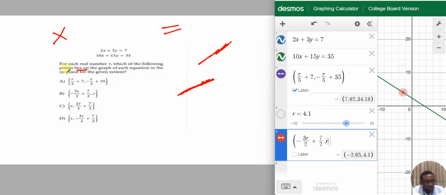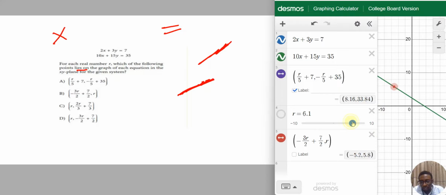But they said for each value of r, which of the following points lies on the graph. So let's check again with another value of r. If r is 5.6 for option B, I have minus 4.9, 5.6. It's also lying on the graph.